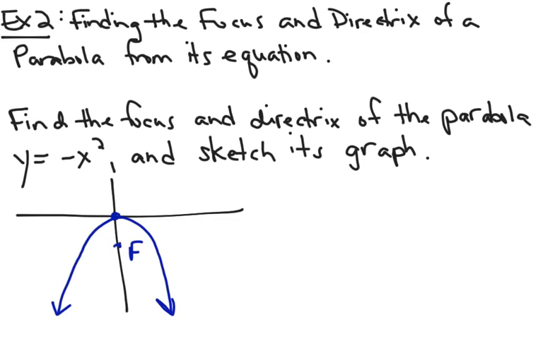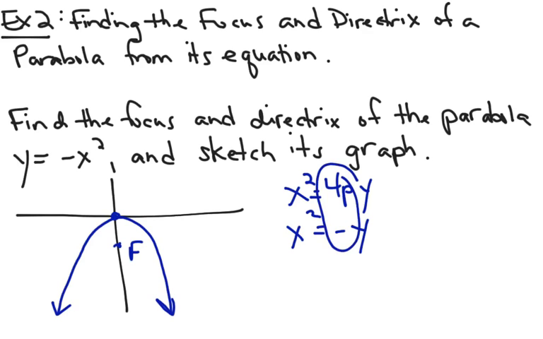Remember that the equation is x squared is equal to 4py. If you take that negative in front of the x squared, you can move it to the other side of the equation. So it's really x squared is equal to negative y. All I'm doing is dividing both sides of that equation by negative 1, which is acceptable. Well, I find out that 4p is equal to negative 1.